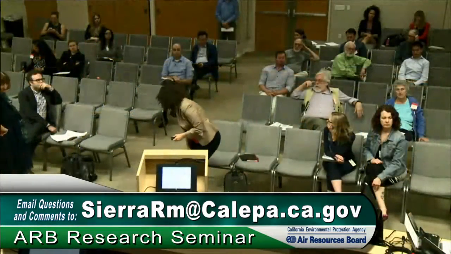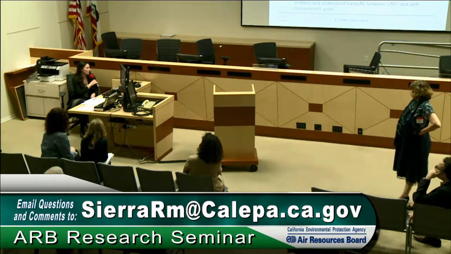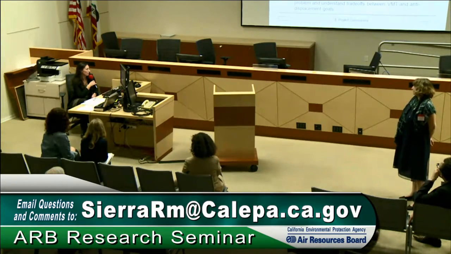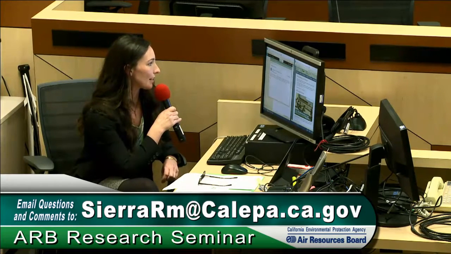Okay, I'm going to read one from our webcast participants. This one is from John Holtzclaw, and it sounds like more of a comment, but then you can see if you might want to respond. VMT from odometer readings would be more accurate than household travel survey. Larry Frank in Atlanta found some 20% of trips missed in household travel survey 15 to 20 years ago.